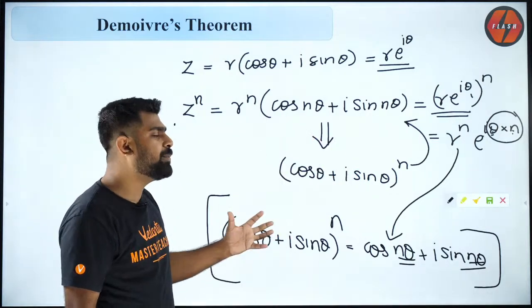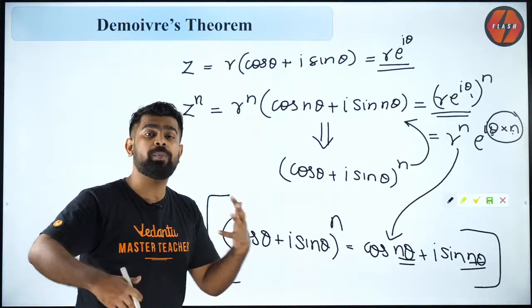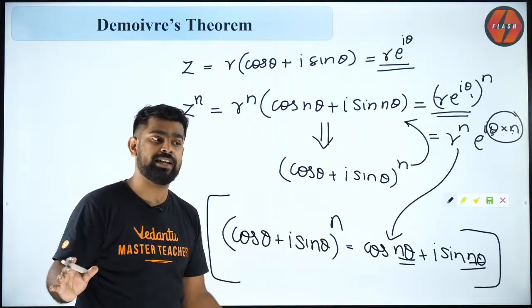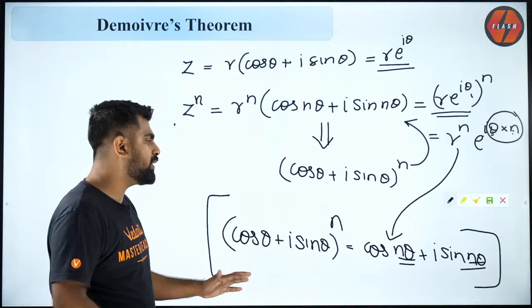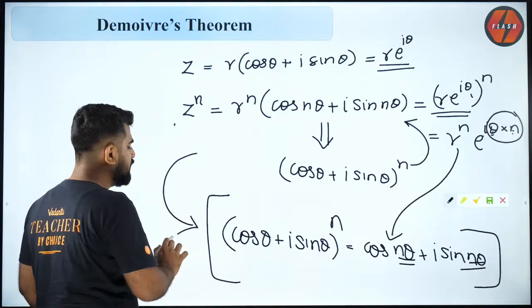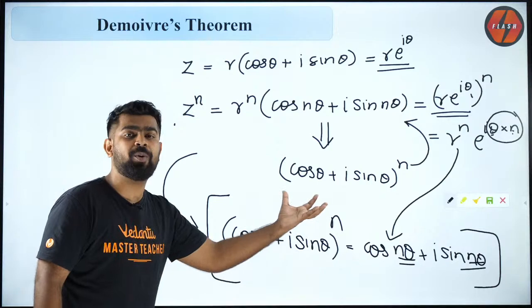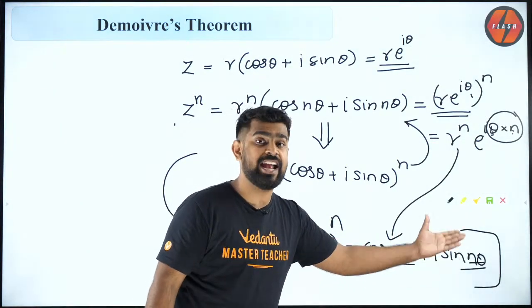Okay, so this is very important. Make a note of it, and I will give you some questions which will make it super easy for you. You guys will never forget this ever in your life. Shall we move forward? Are you all clear with it? This is your statement which you should note down. Cos theta plus iota sin theta whole power n is equal to cos n theta plus iota sin n theta.